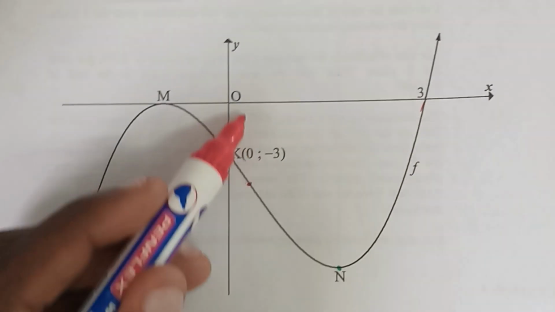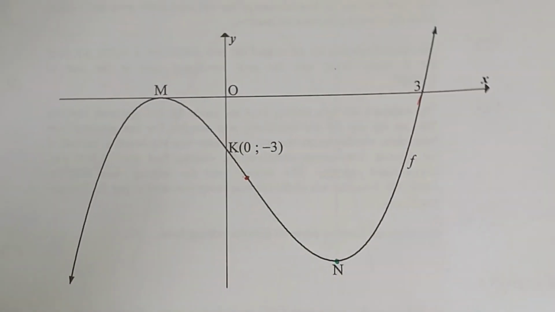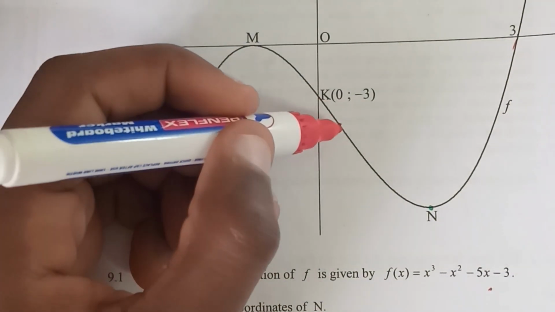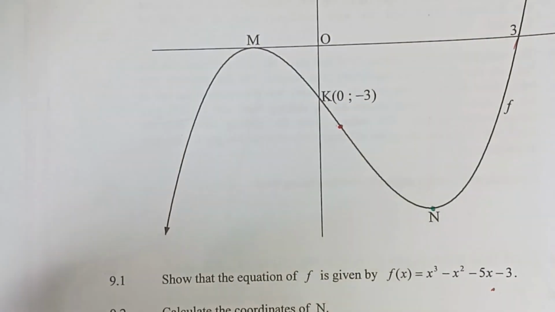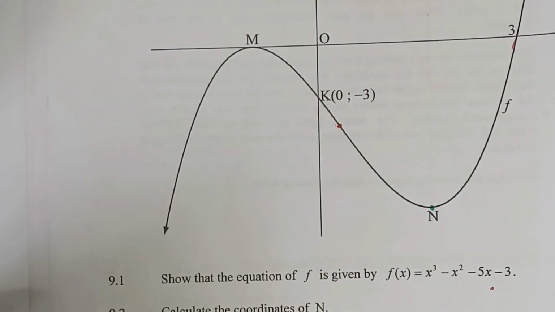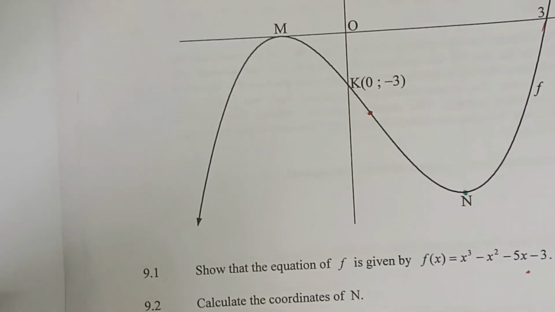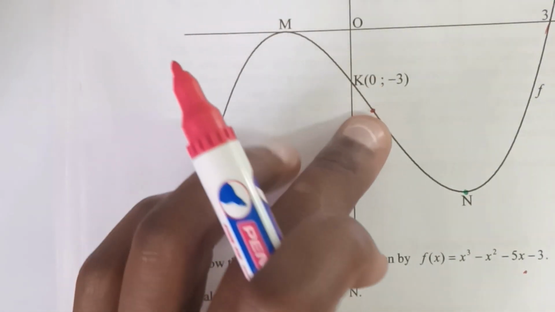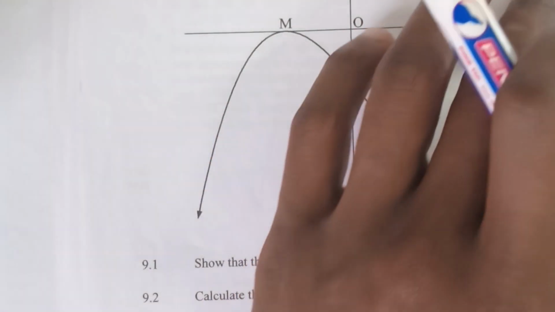So now our point of inflection here is 1 over 3, and for that point it determines that this graph is concave down and this one is concave up.